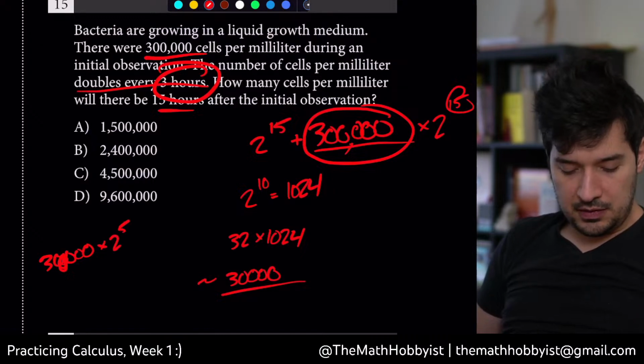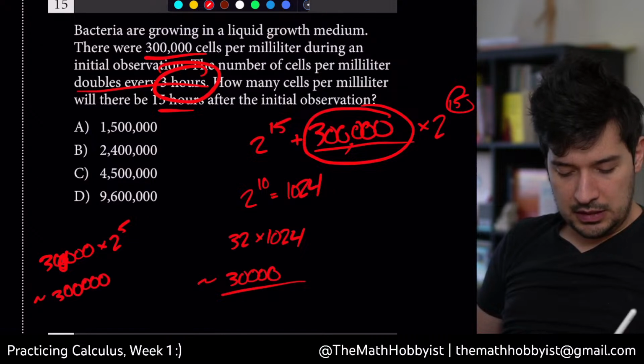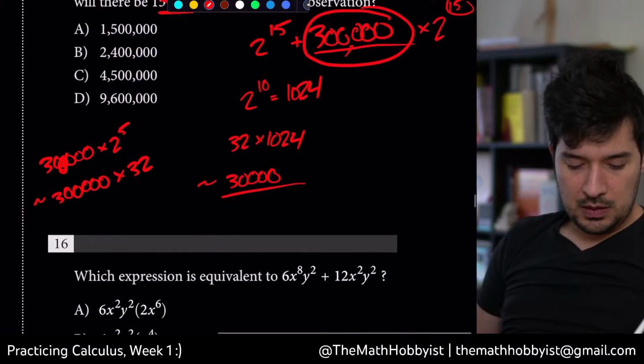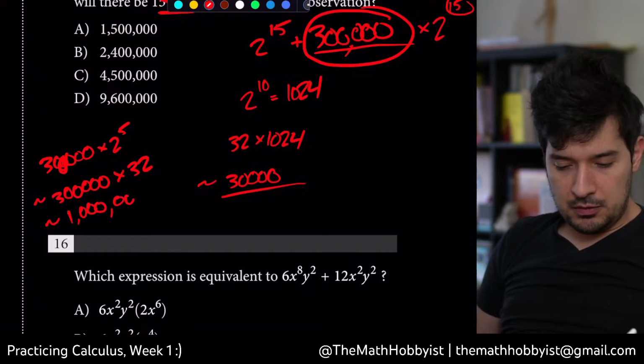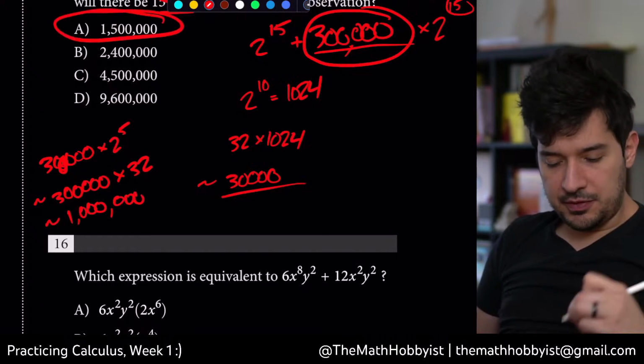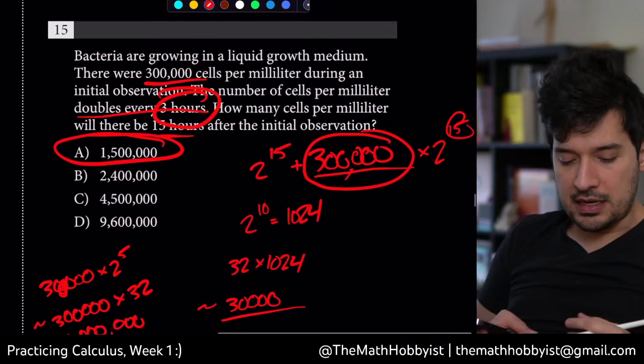2 to the 5th. So this is going to be about 300, 1, 2, 3 times 32. That's going to be about 1 million. And I think that's enough for me to see that A is the answer.